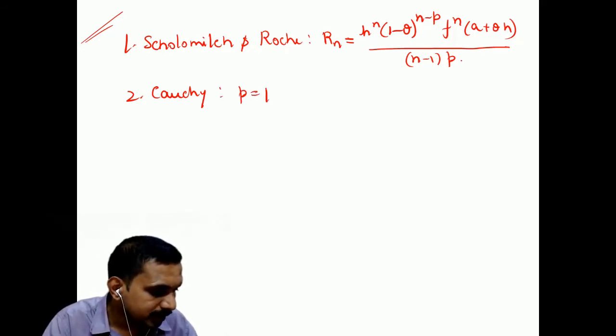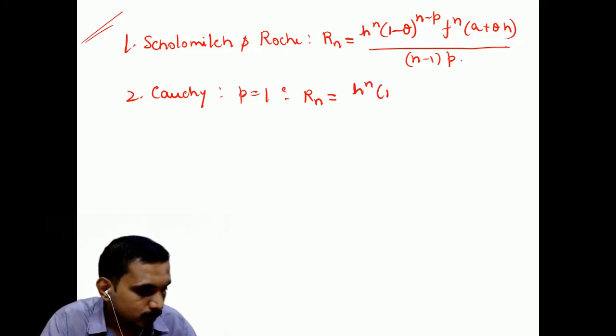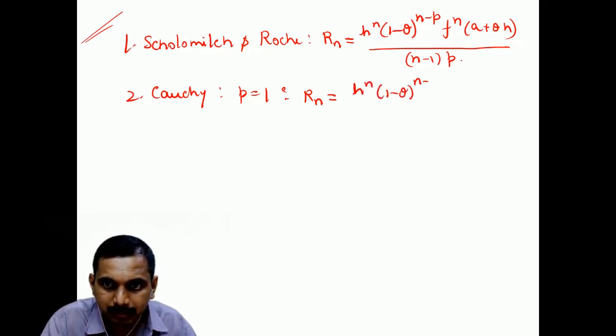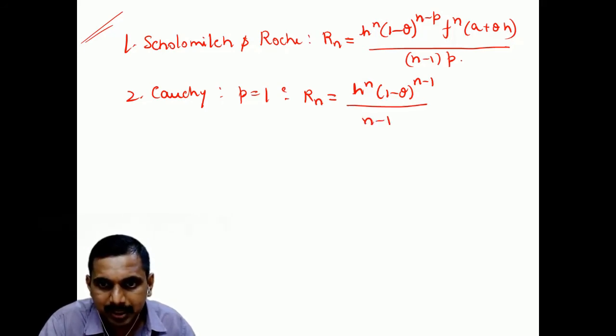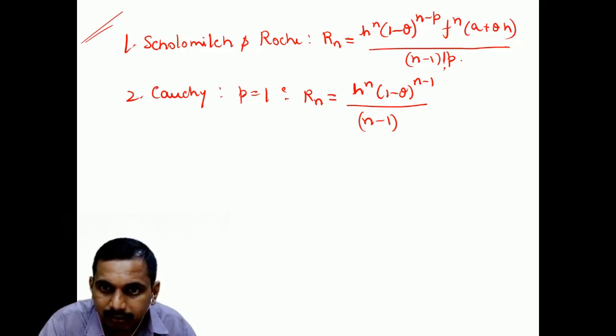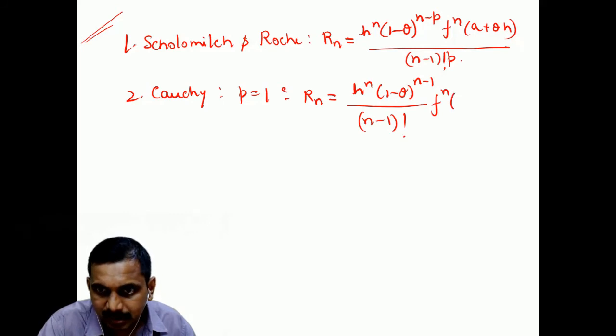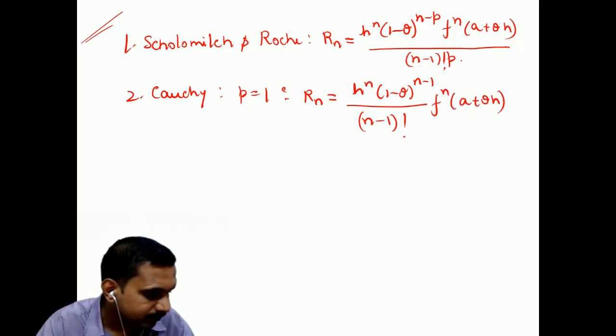So it reduces to Rn is equal to h raised to n into 1 minus theta raised to n minus 1, p we are putting as 1, divided by n minus 1 factorial, I am sorry I missed a factorial here, into f n, that is nth derivative of a plus theta h, correct.